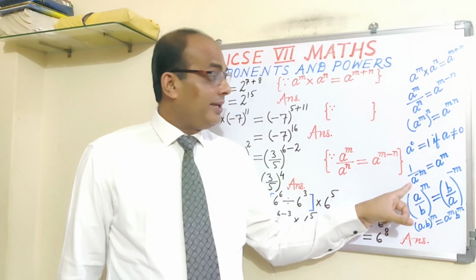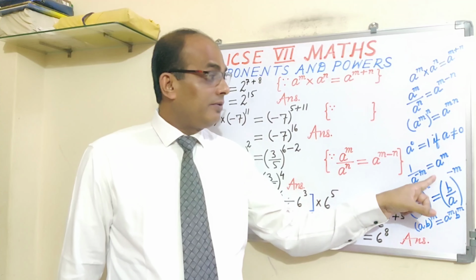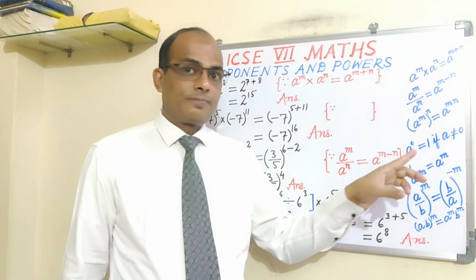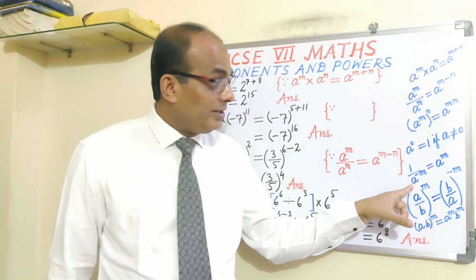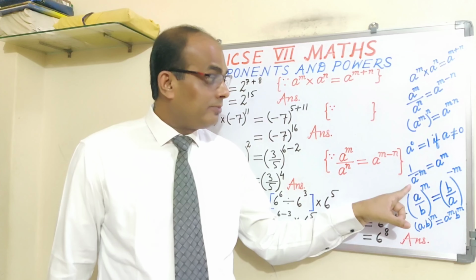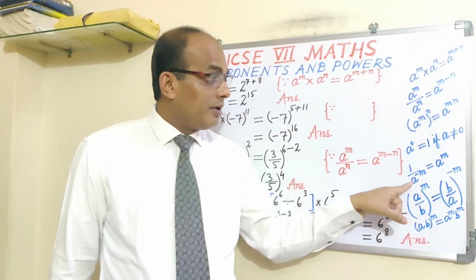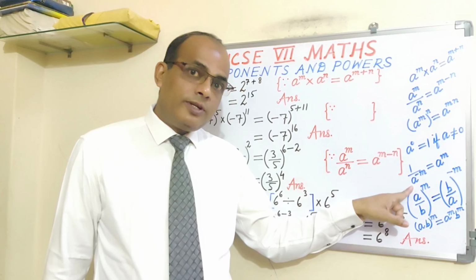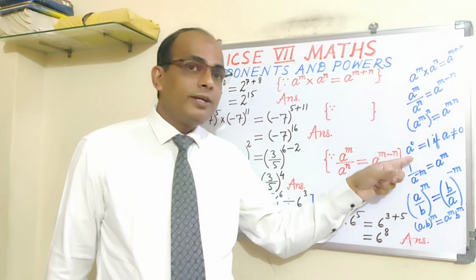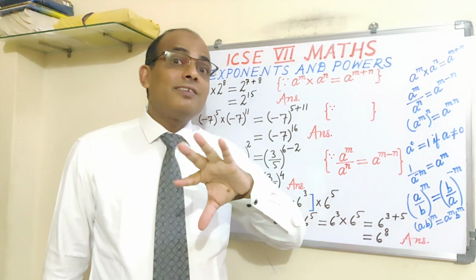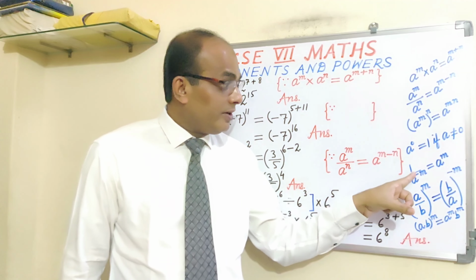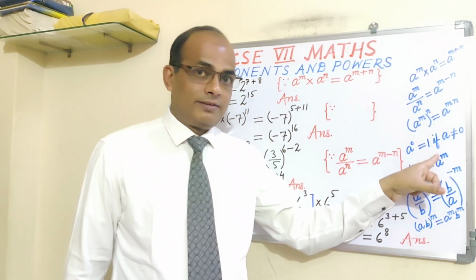1 upon a raised to the power minus m is equal to a raised to the power m. That means when a raised to the power minus m goes from denominator to numerator, then this minus becomes plus. That means the sign changes. Here if it is plus, then this will become minus.